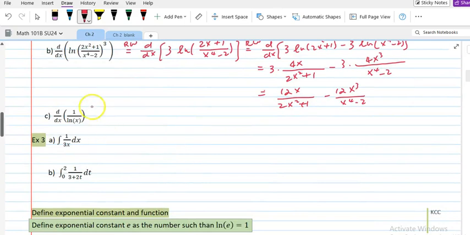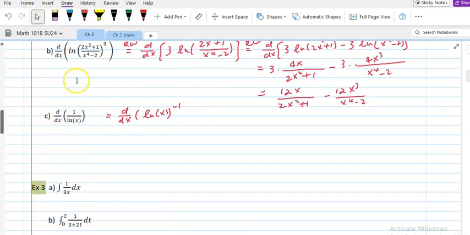Let's do the third one. It is 1 over ln x, and I want to do a derivative of it. That would be as if I'm doing d dx of ln x to the power negative 1. This is kind of like a power rule.